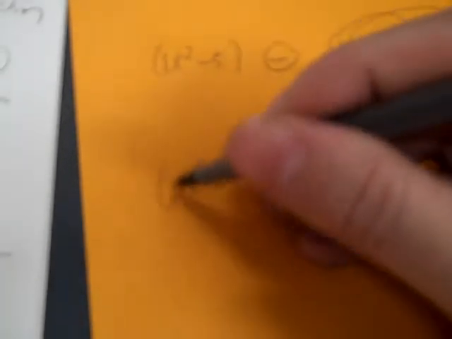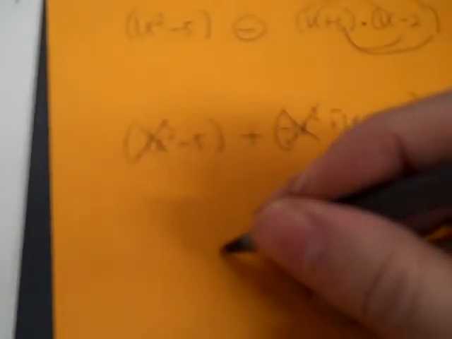So 1x squared and negative 1x squared make 0, so I just forget those. And then I want to write my negative 1x, and then negative 5 plus 6 is 1. Okay, so now that's been simplified, and I just write it, negative 1x plus 1. Now I want you to factor this top, negative 1x plus 1.